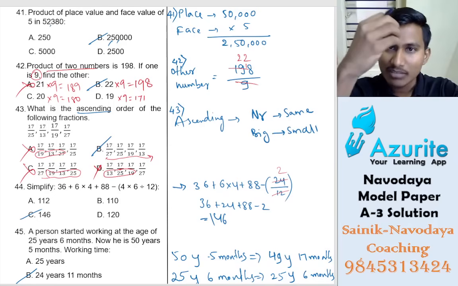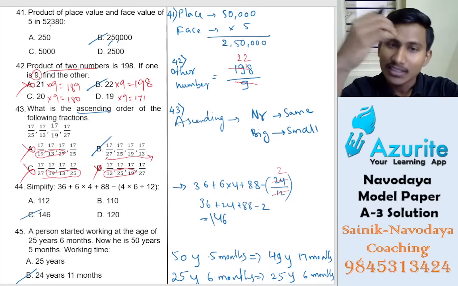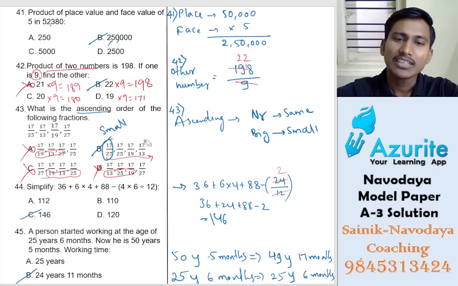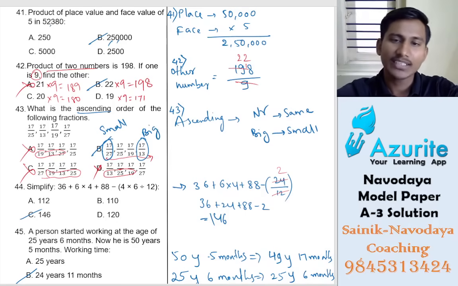Because the bigger denominator gives the smaller fraction. So when the numerator is the same and the denominator is smaller, the fraction will be bigger. Understood?